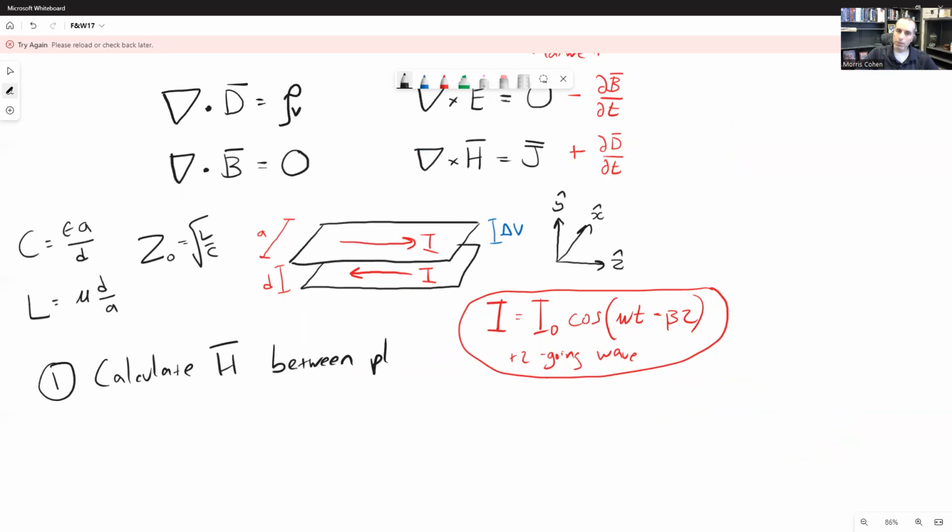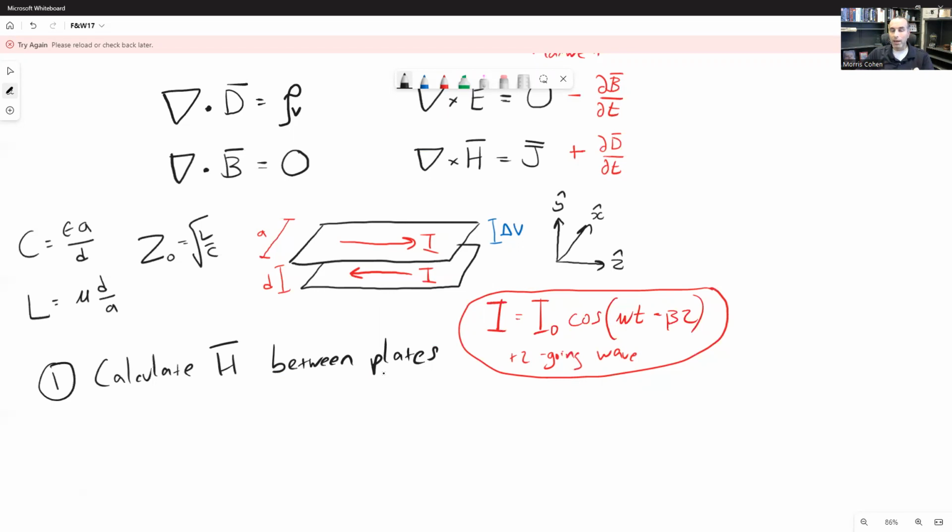And for this, we are going to use a result that we figured out earlier. And that was the result for a sheet of current on a plane where you've got current moving in one direction. If you have a sheet of current moving in one direction, the magnetic field is parallel to the surface of the plate, but perpendicular to the current itself.